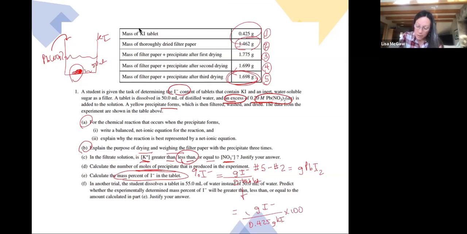The tricky part here is the grams of I minus. What you have to think about is that in PbI2, there are 2 moles of I minus for every 1 mole of PbI2. So that will help you get through the rest of that problem.